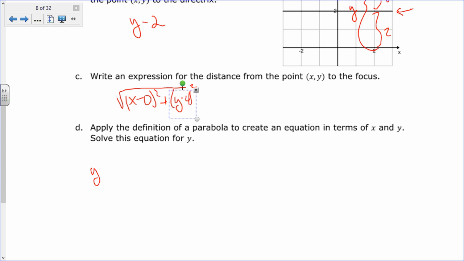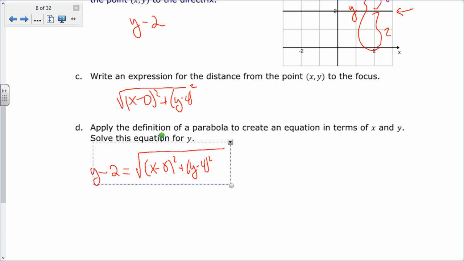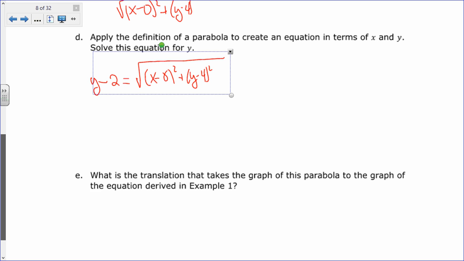So we're going to apply the definition of a parabola to create an equation in terms of x and y. Solve this equation for y. So y minus 2 equals the square root of (x minus 0) squared plus (y minus 4) quantity squared. So I'm going to have to square both sides.